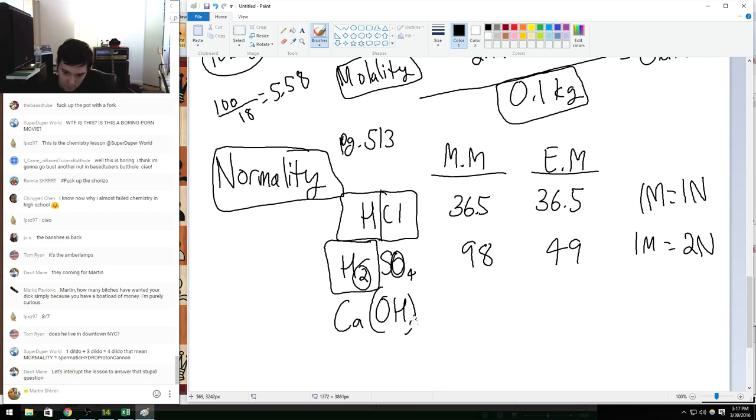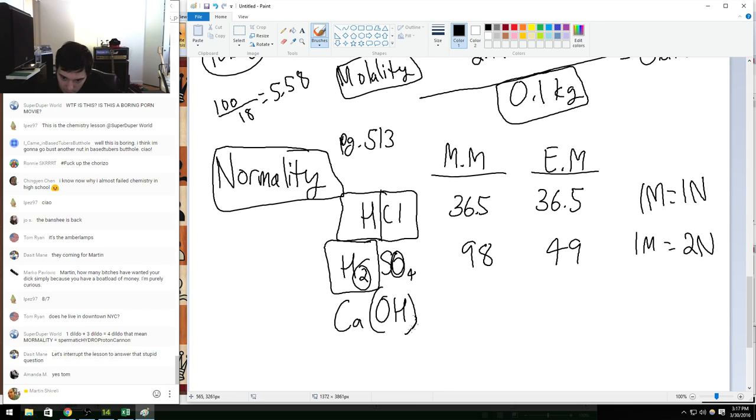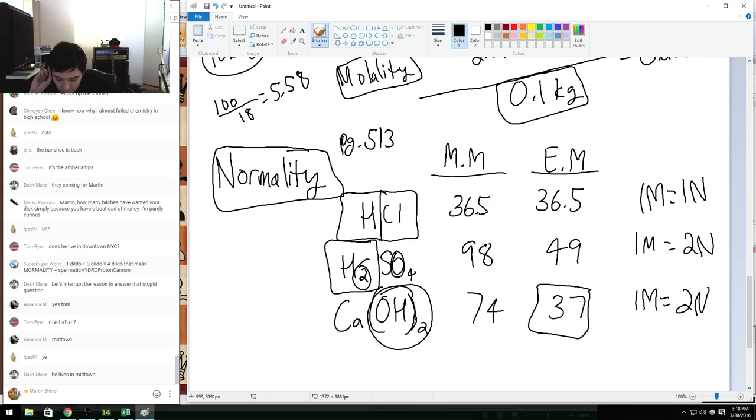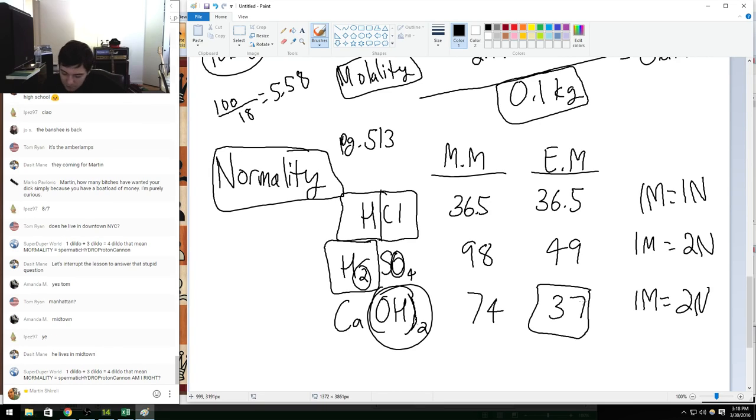Here's calcium hydroxide, Ca(OH)2. I guess this is a base. It's going to give 2 OH units per molecule, so the normality is 2. Anyway, we'll need this from time to time when we do various calculations.